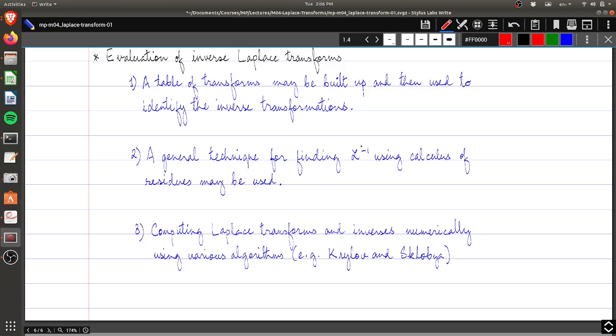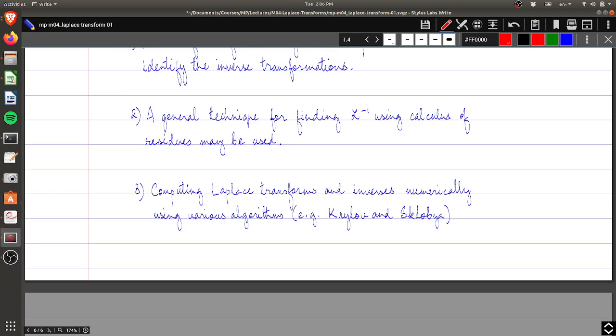And the third way is to find the inverse numerically. There are lots of algorithms available, Krylov and Sklobiar are two of them, so you can calculate the inverse Laplace transform using these algorithms.